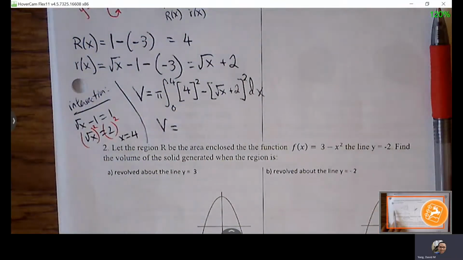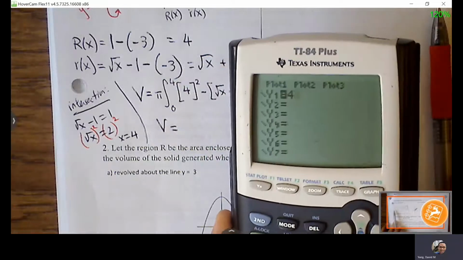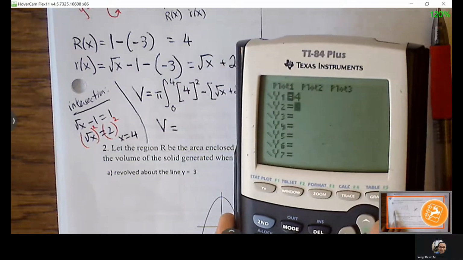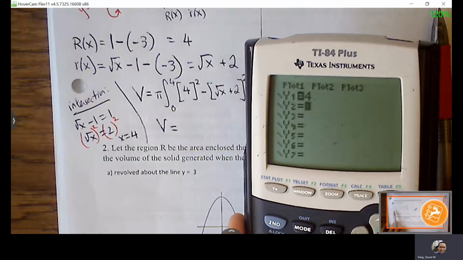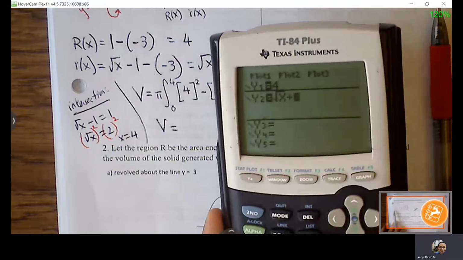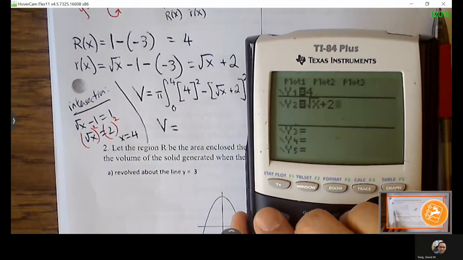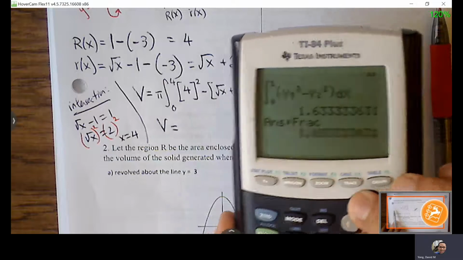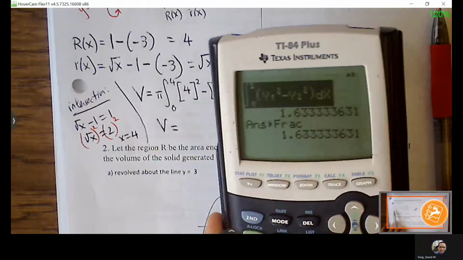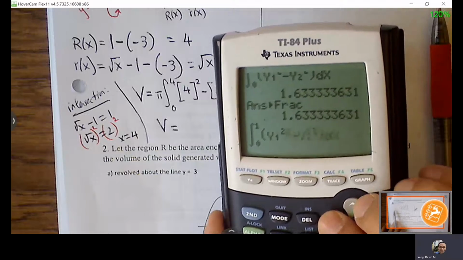Right, in your calculator, I'll let 4 be big radius, y1. Little radius, I'll have it stored under y2. 0 to 4.